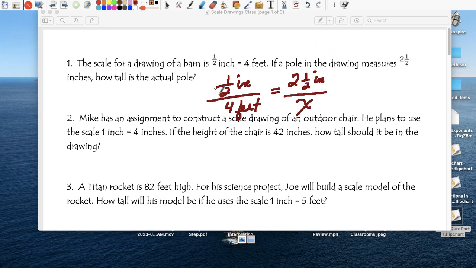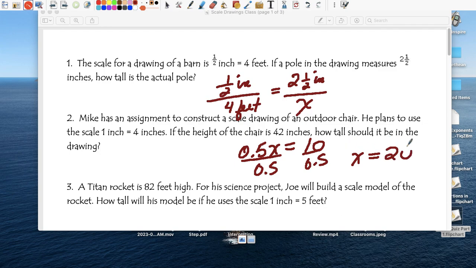Cross multiply. I'm going to change that to a decimal, so I'm going to get 0.5x, and then we're going to multiply 4 times 2.5, and that's going to give us 10, right? I'm going to divide both sides by 0.5, and x equals 20. So the height of that pole in real life would be 20 feet.